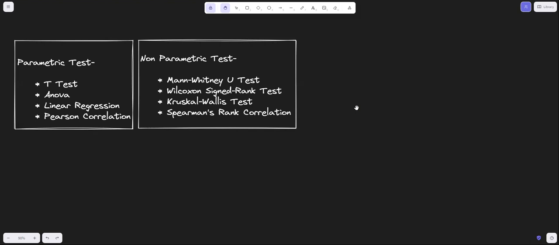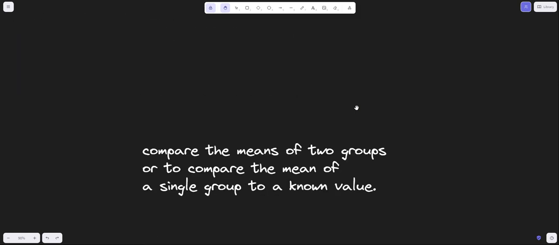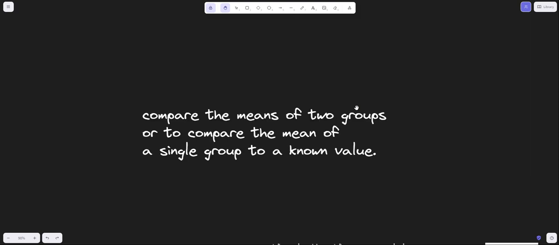Now let's see the t-test. There are three types of t-test. First, let's see what a t-test is. A t-test is basically when you compare the mean of two groups, or compare the mean of a particular group to a known value.